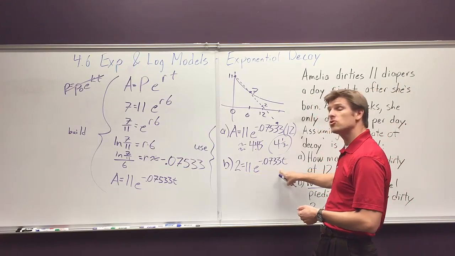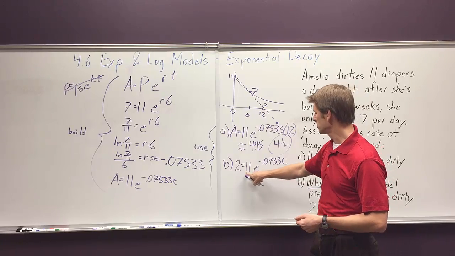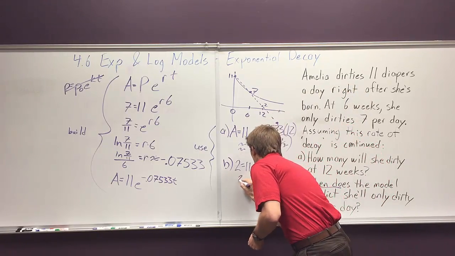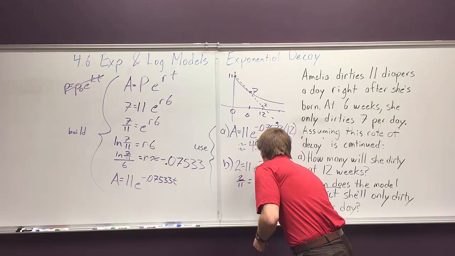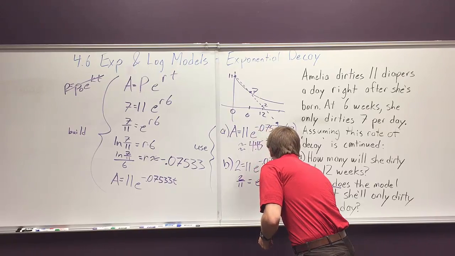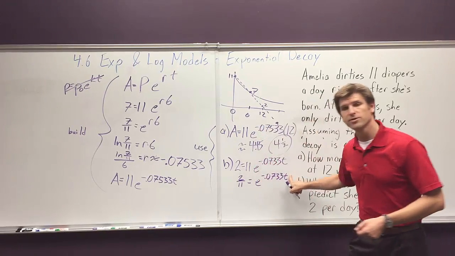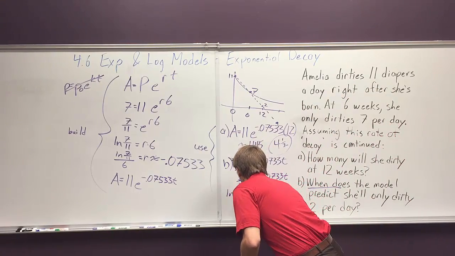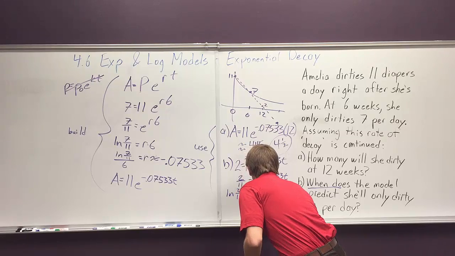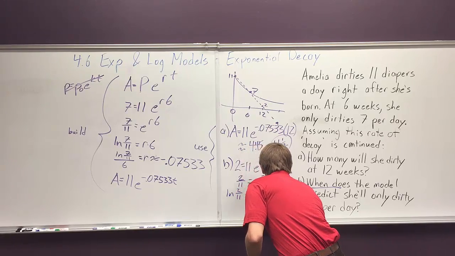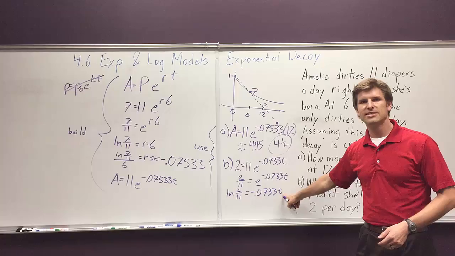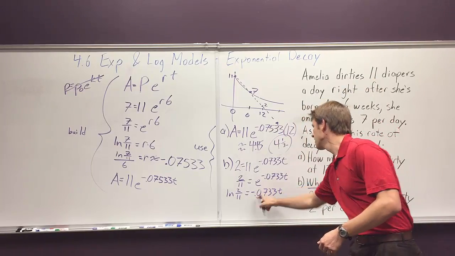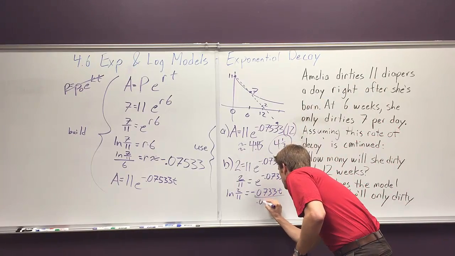Now I need to get this to a basic exponential equation. So I'm going to divide by 11. Since the variable's in the exponent, I'll take the natural log of both sides. I'm trying to isolate t, so I'll divide by this term here.